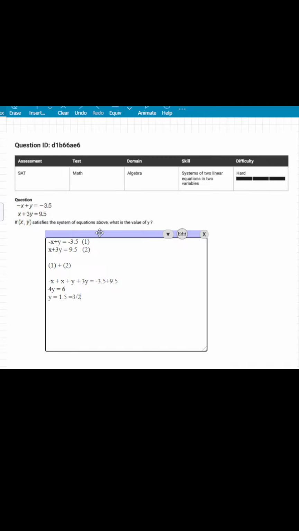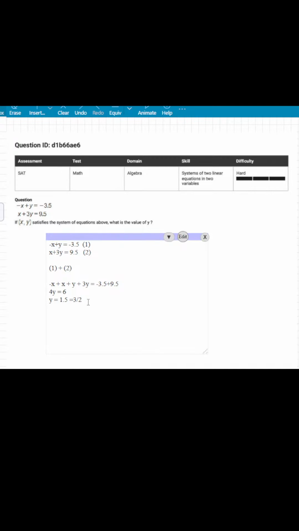Okay, so this is the value of y, and this is the answer. So you can view the answer here. It is a solution of linear equations. We have solved this using the elimination of one of the variables to find the other one.